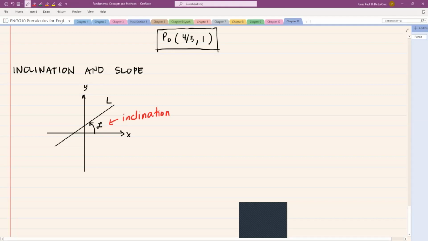The inclination of a non-horizontal line is always between 0 and 180.